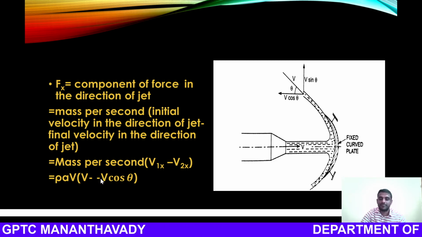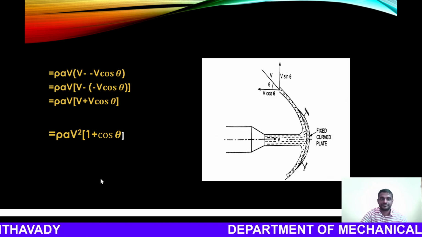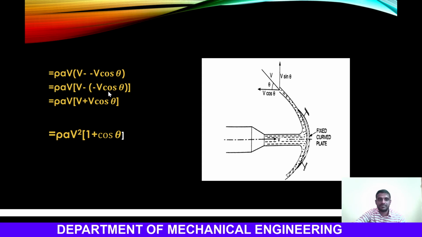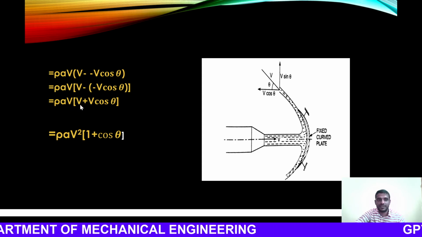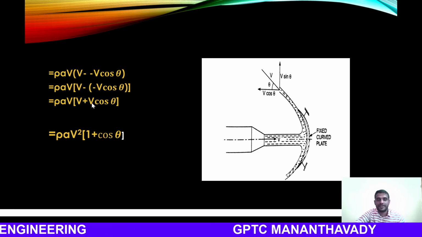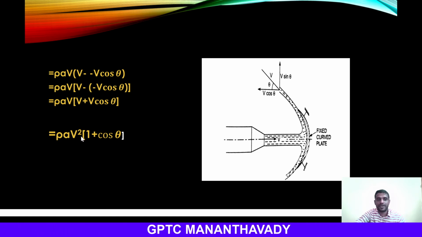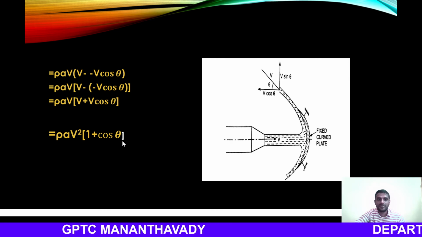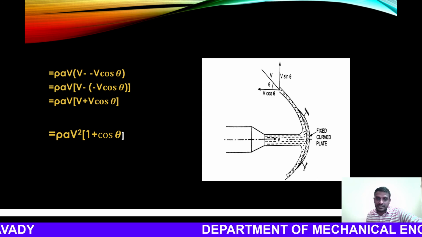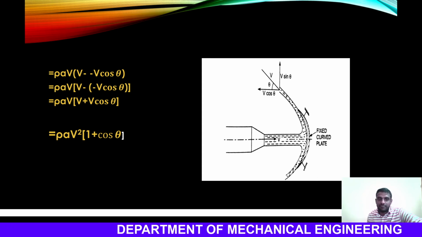Minus of minus is plus. So it will be equal to rho A V into (V plus V cos theta). V is a common term here, so we can take it out, and it is equal to rho A V square into (1 plus cos theta). This is the expression for the force exerted by the jet of water on a stationary curved plate in the x direction.